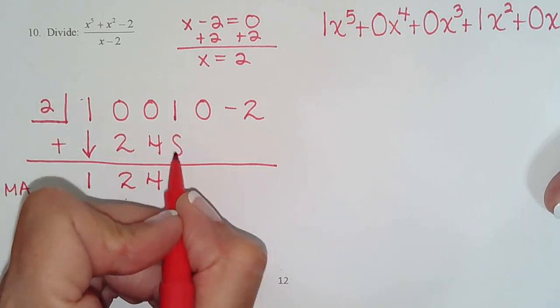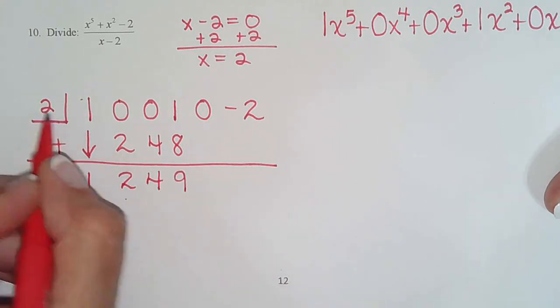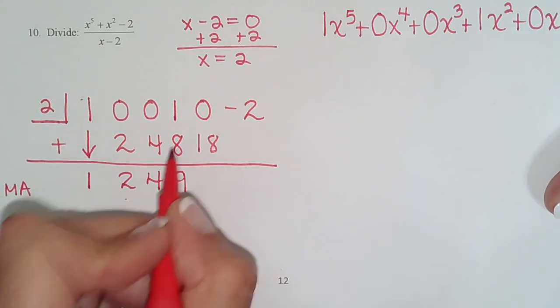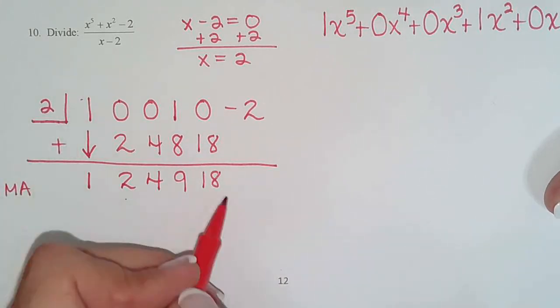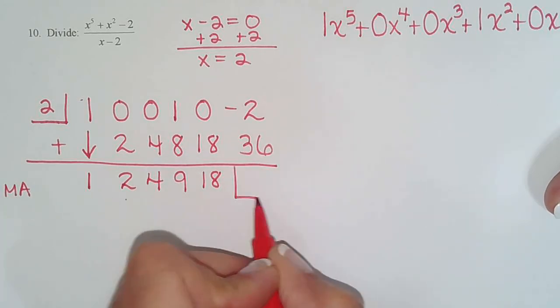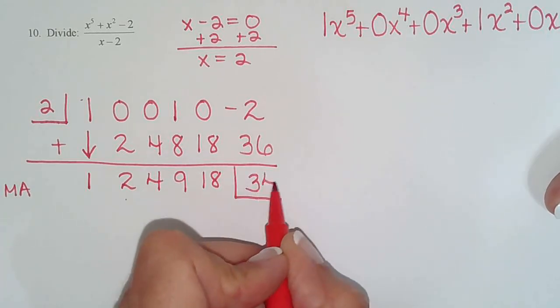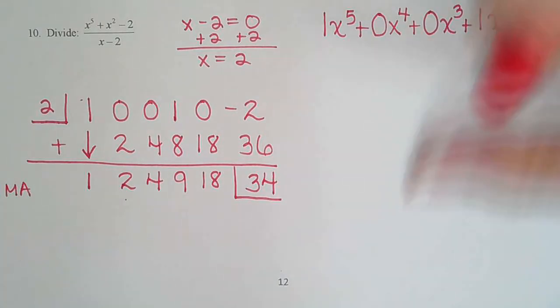Multiply 8, 1 plus 8 is 9. Multiply 18, 0 plus 18 is 18. Multiply 36, and then remember, this is your remainder, so put it in a box so you don't accidentally think it's your constant term. So 36 minus 2 is 34.